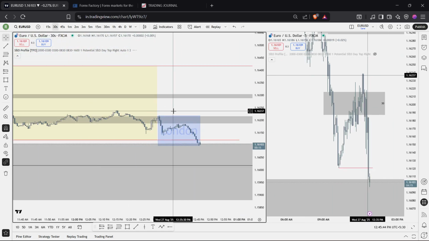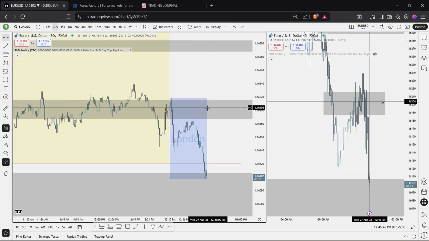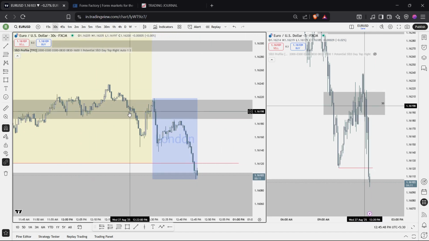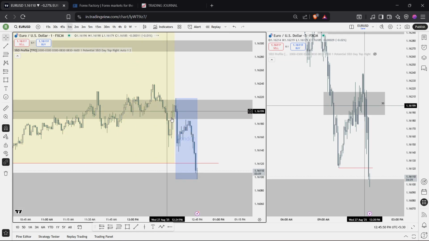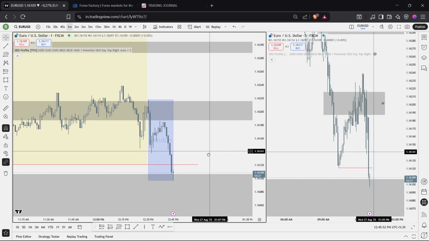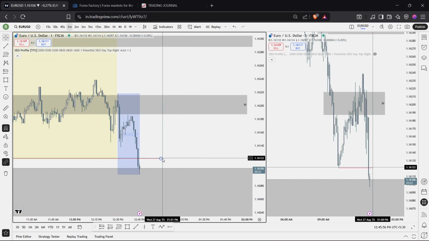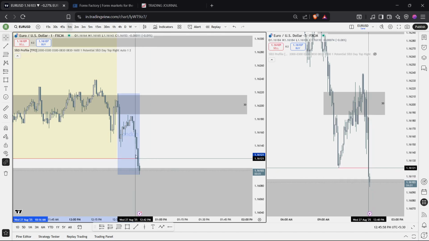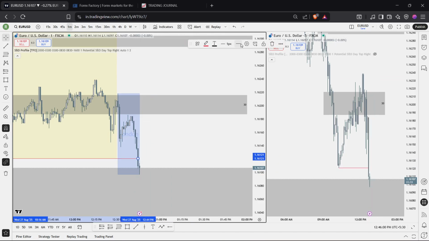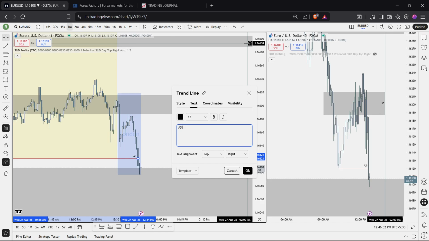But there was no initial manipulation to either side, either high. So now let's see what happens.